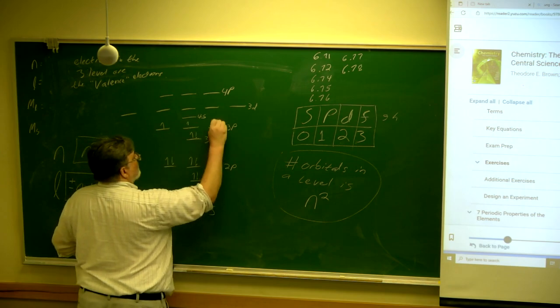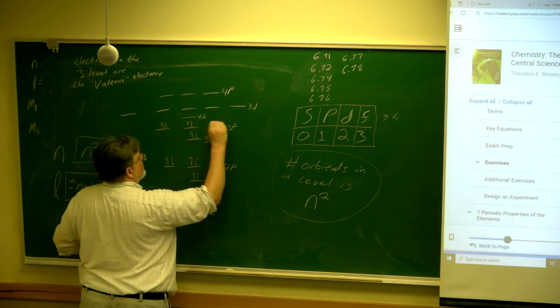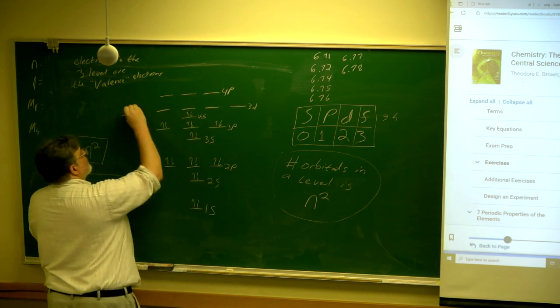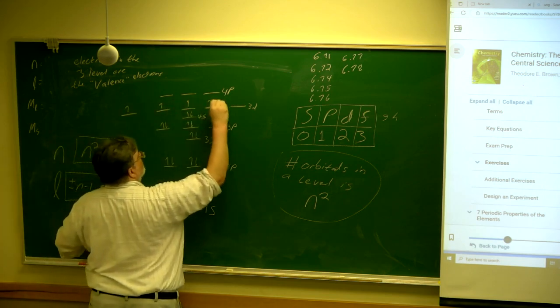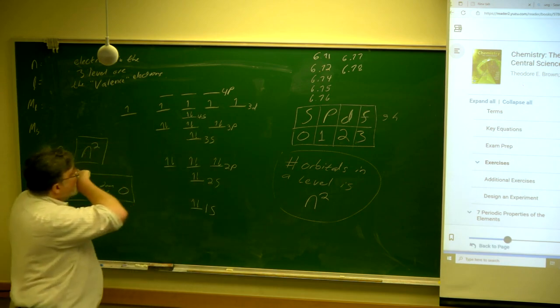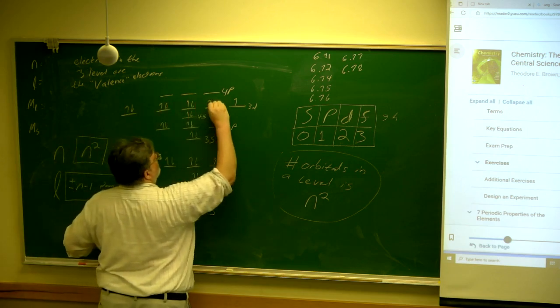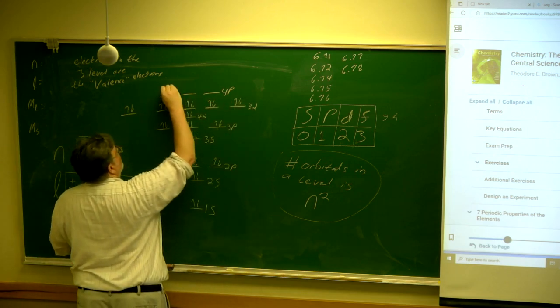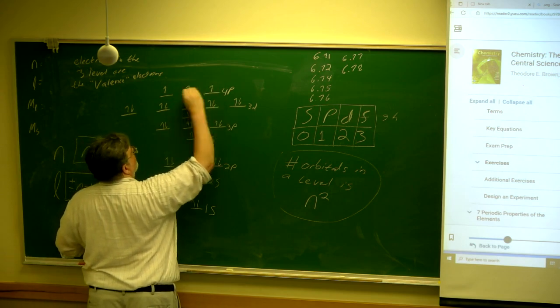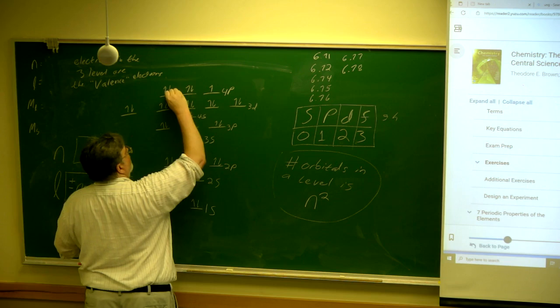13, 14, 15, 16, 17, 18, 19, 20, 21, 22, 23, 24, 25. You said 35? 27, 28, 29, 30, 31, 32, 33, 34, 35.